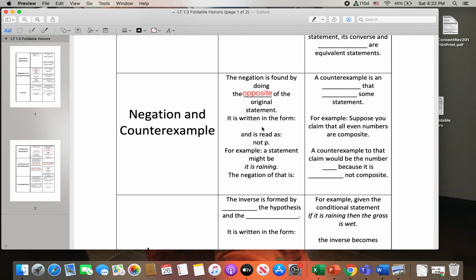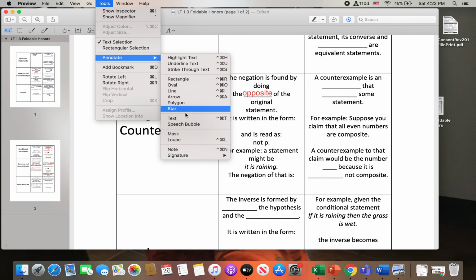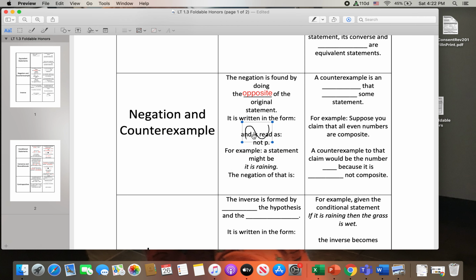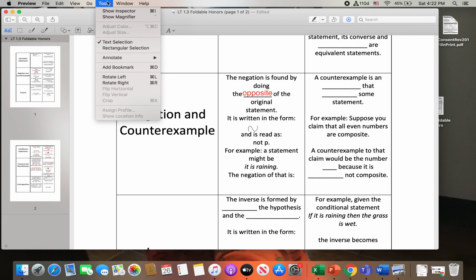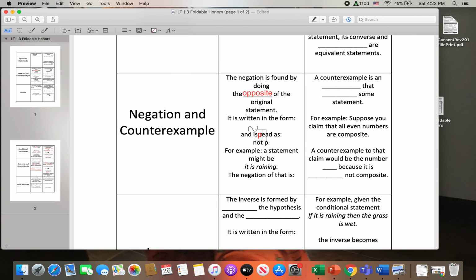It is written with this symbol. And when you see that symbol, it means not, and it says not P. So if you see that symbol and the letter P, it's read as not P.